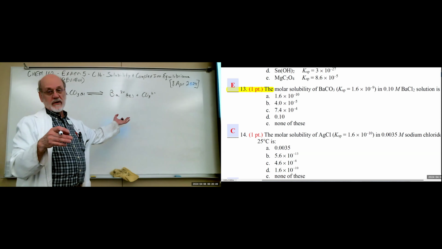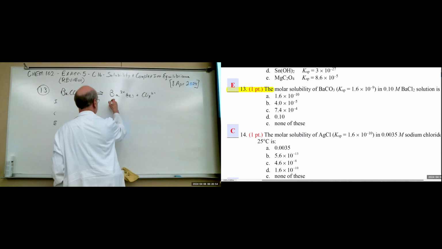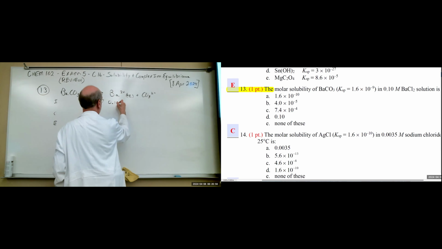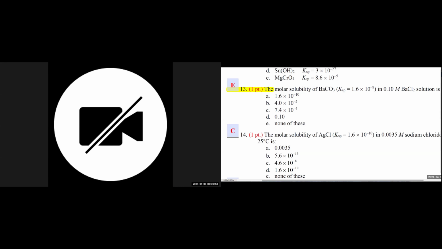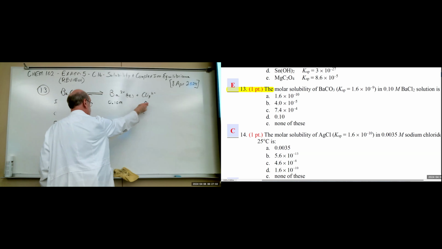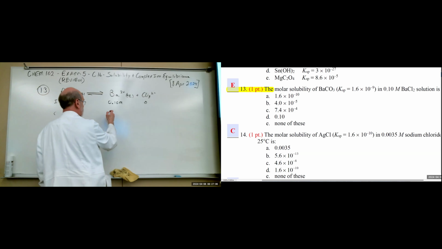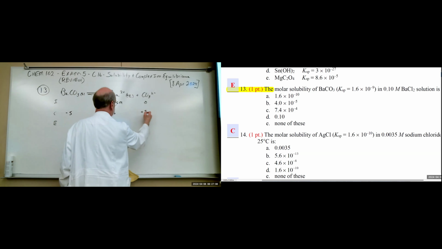Chloride is a spectator. Barium is 0.1 molar. So initially, the concentration is 0.1 molar in that, and 0 there. So we know it's still going this direction because that's 0. If we lose this one, we get one of these, and we get one of these.